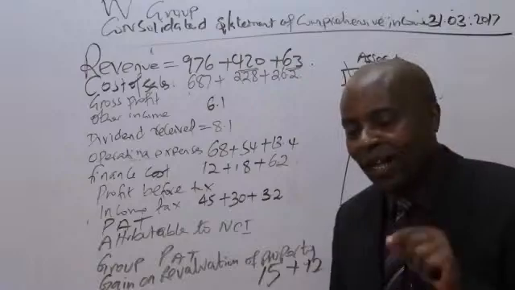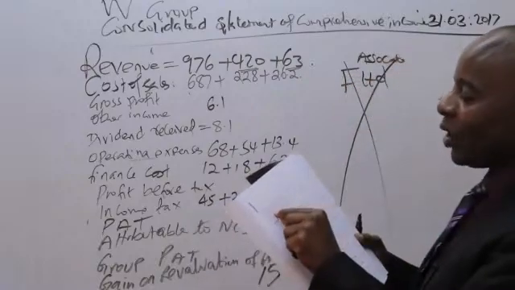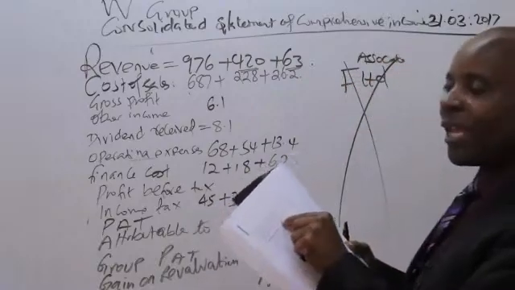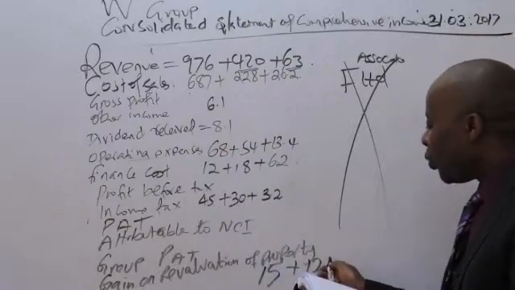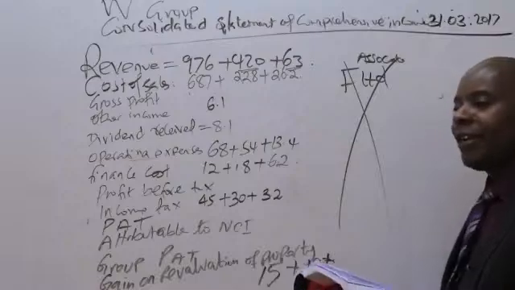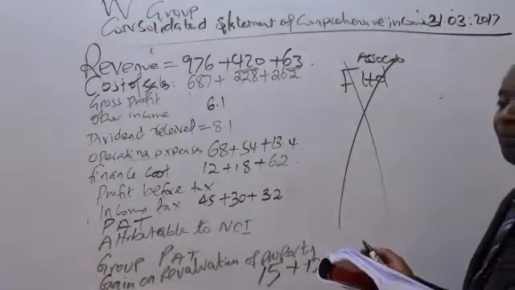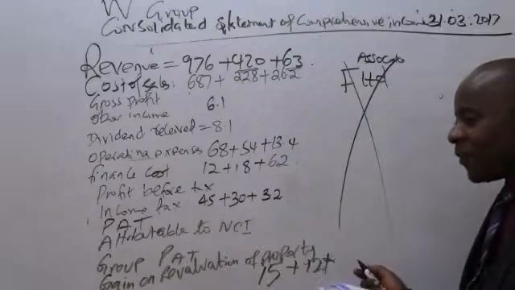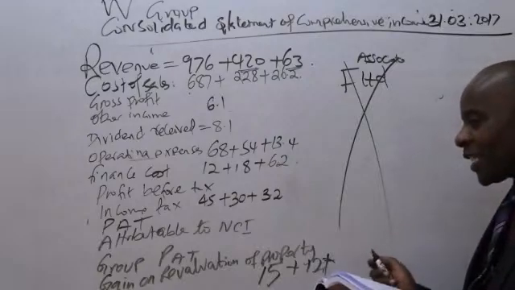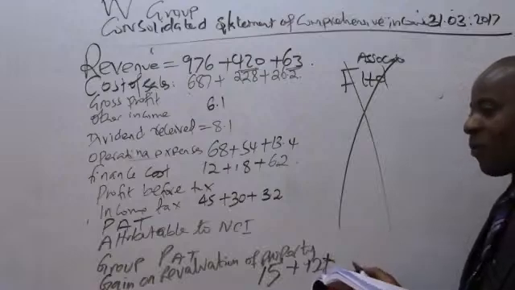A free mark, we have an other comprehensive income and a gain on revaluation. So I'll take the 15 plus, do we know the percentage of S? Do you know the percentage of S? 0.6.